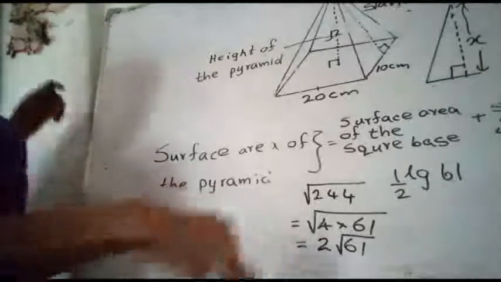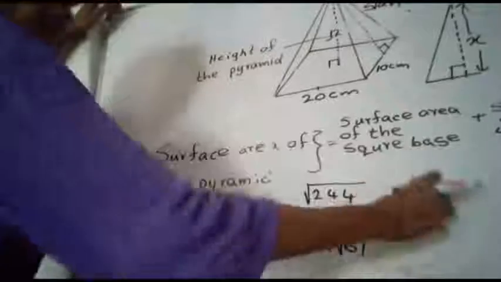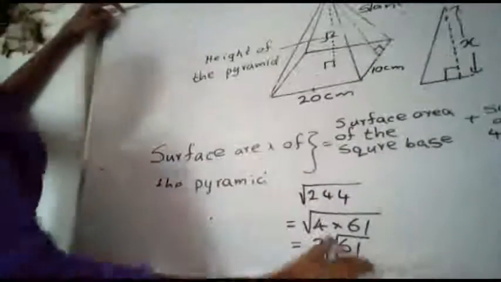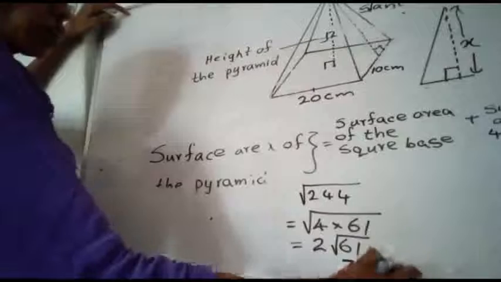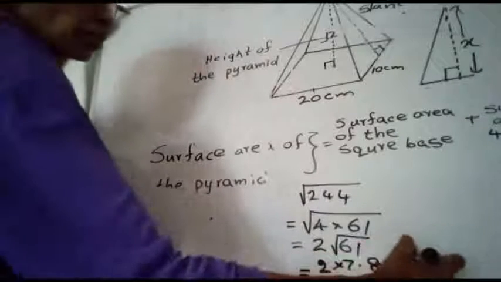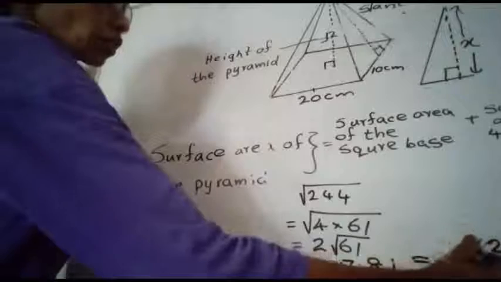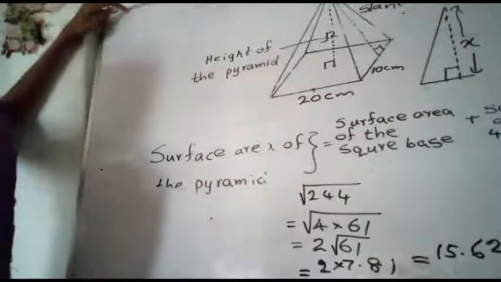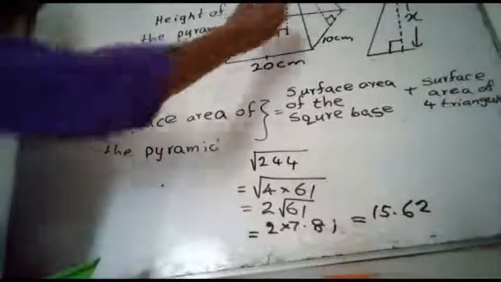Square root of 61 is equal to 7.81. 7.81 multiplied by 2 is equal to 15.62, about 15.61.